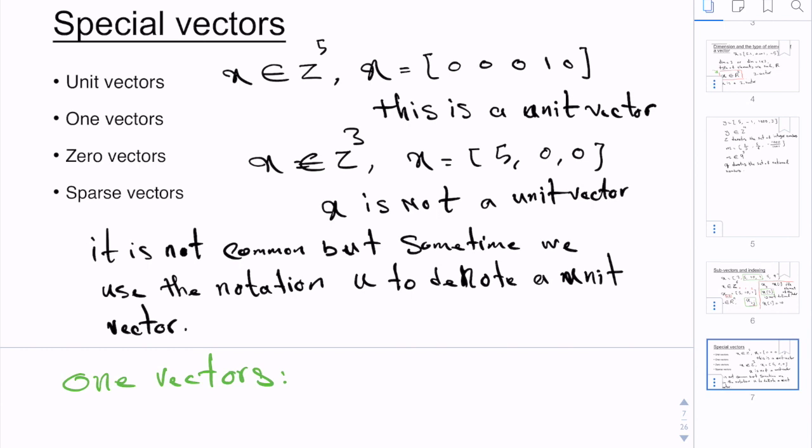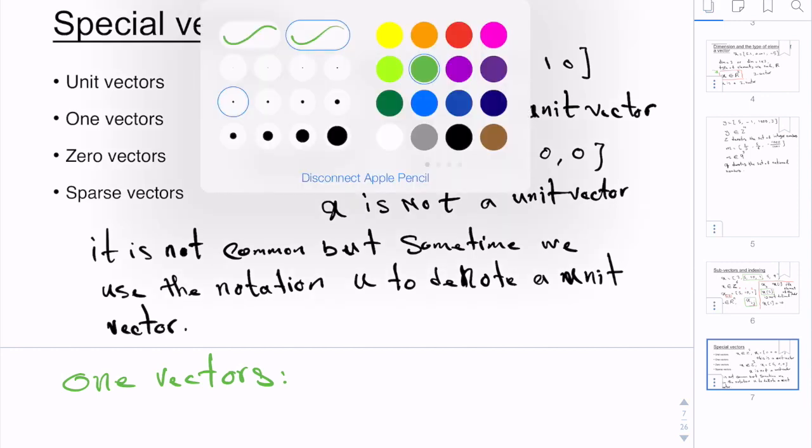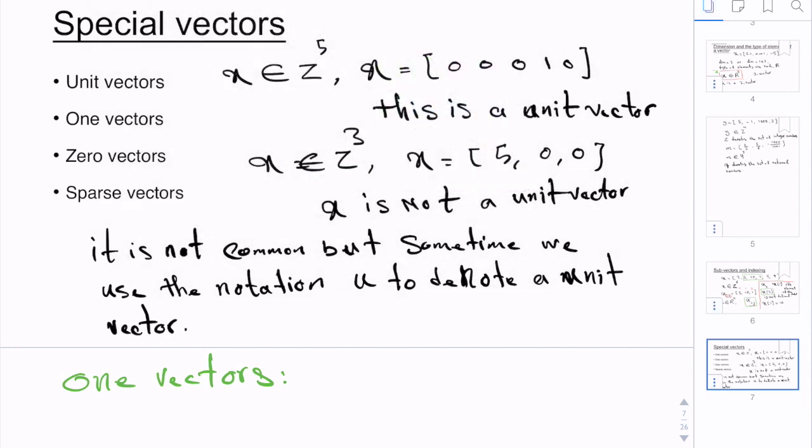So the notation we are using for one vectors is a bold 1. So let's say the bold 1 belongs to R5, that means this is a vector, all of whose elements are 1. So 1, 1, 1, 1, 1. So this is a one vector, right?